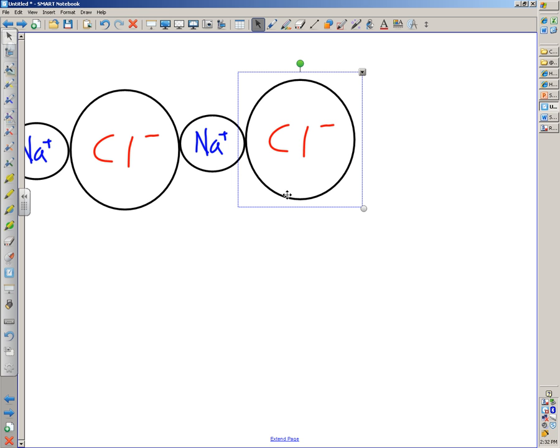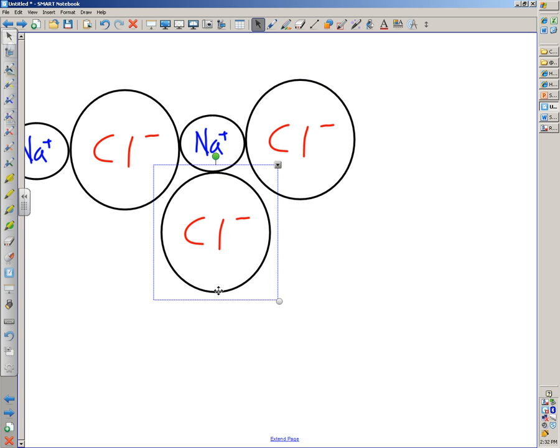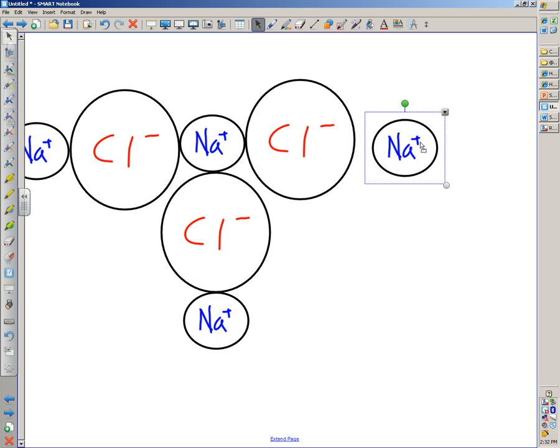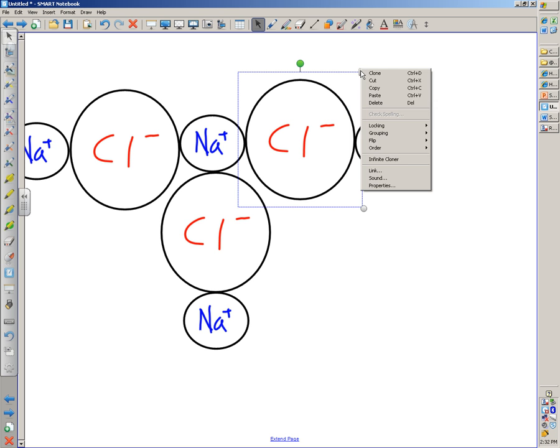Guess what? Another chlorine comes in like this, but what does this chlorine come with? Another sodium, right? And then guess what? Now there's a positive sodium that comes over here and it's attracted to this chlorine, right? But what does that positive sodium come with? A negative chlorine.